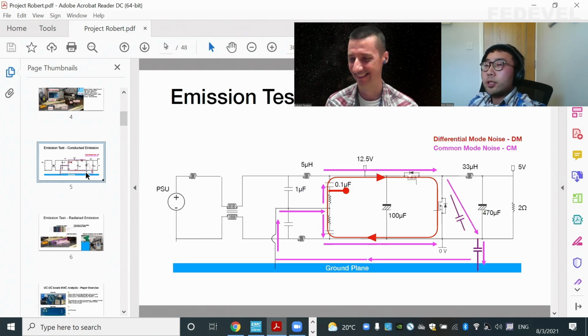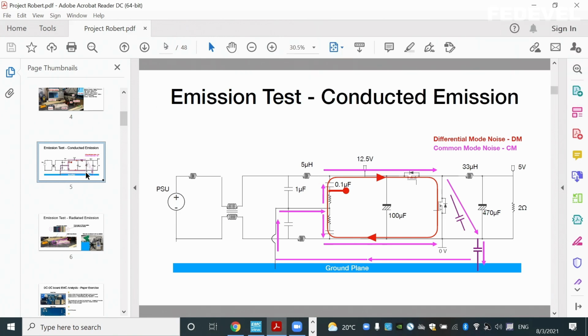When we talk about EMC tests, first of all, there are 2 main types of tests. One is called the emission test, which tests your interference to other circuits operating near you.